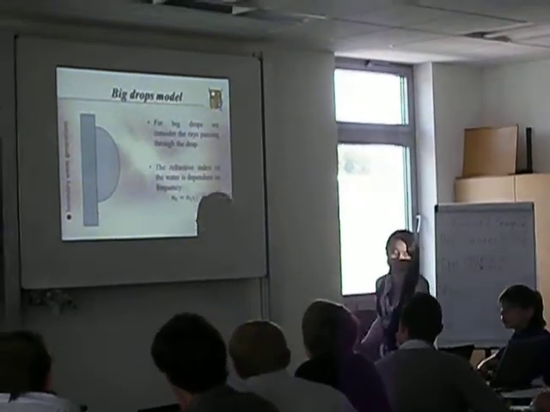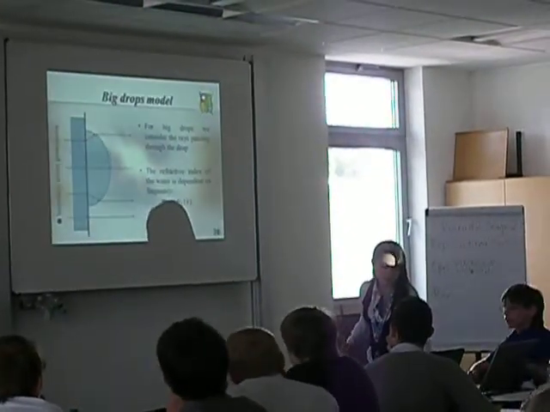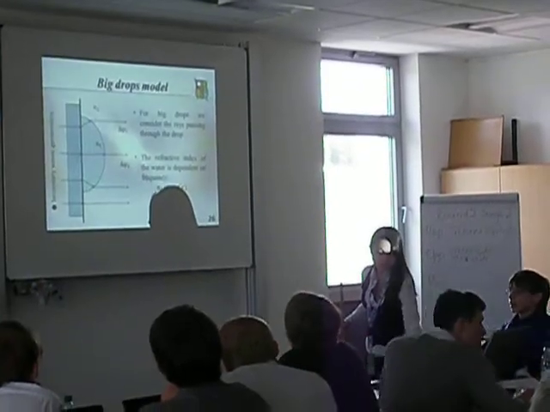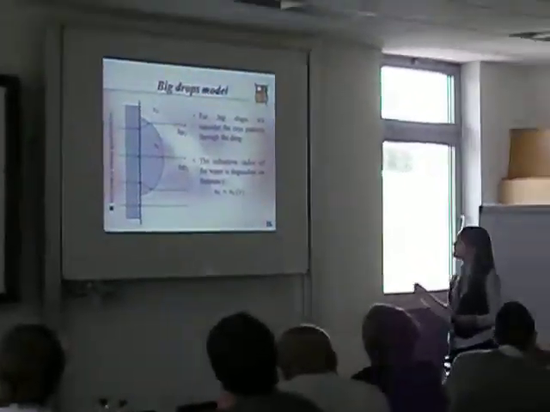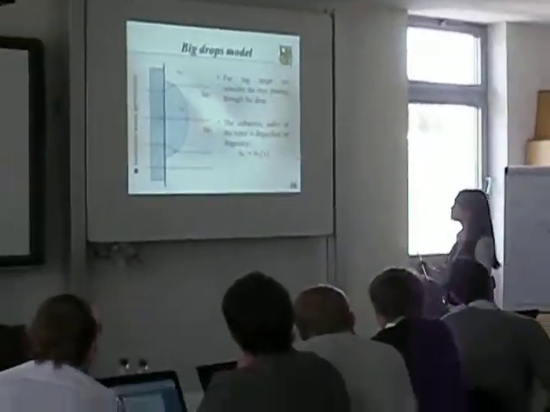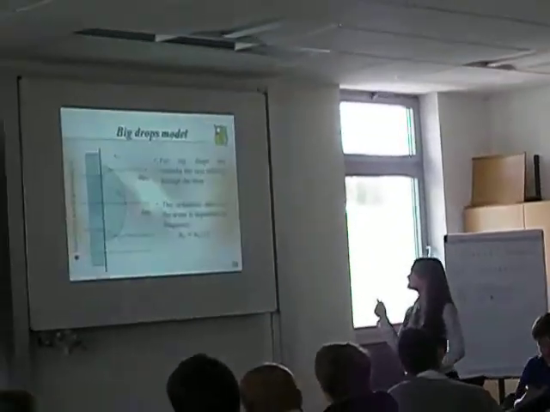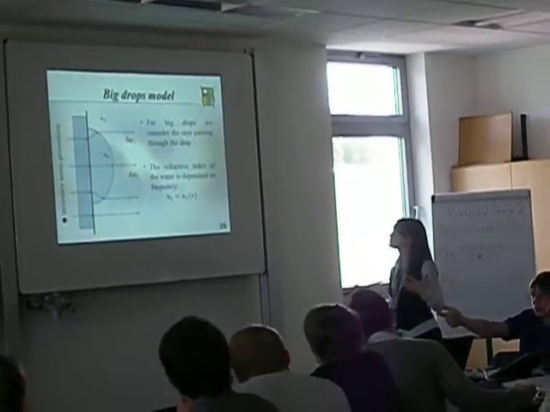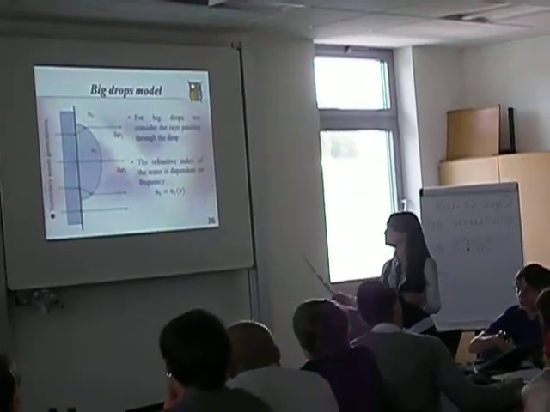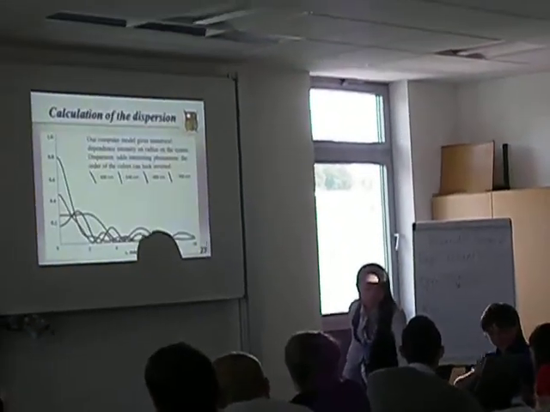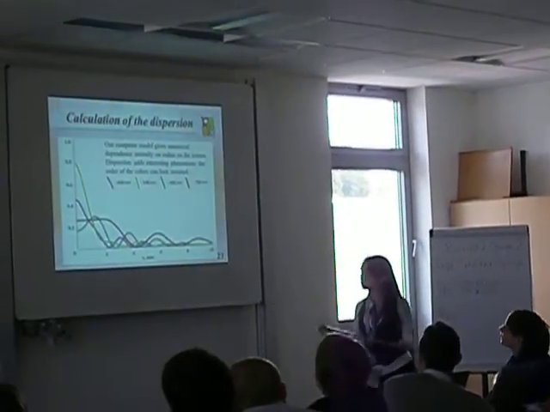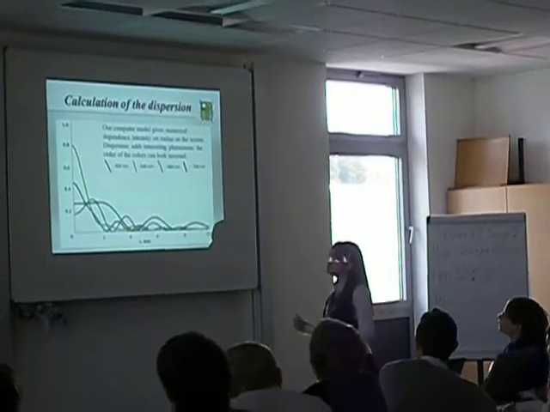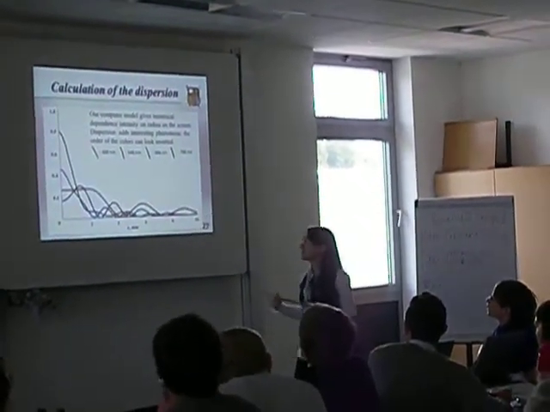But about the big drops, as I said, we have a different phase. That's why for a big drop, we consider the ray passing through the drop, and the refractive index of water depends on frequency.